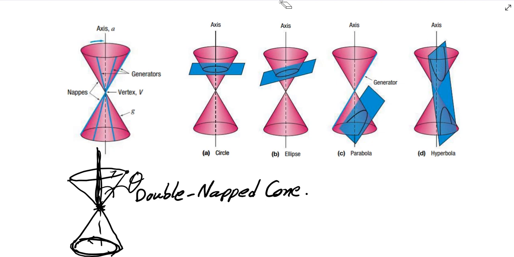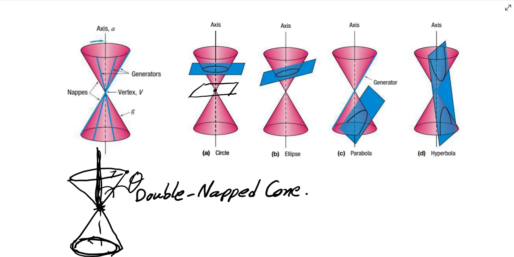Now, for each of these, if the plane contains the vertex of the cone, remember this is the vertex of the cone, for instance in the case of the circle, so here's my plane, and it contains the vertex. Now you can see that this is really not a circle, it's a single point, isn't it?